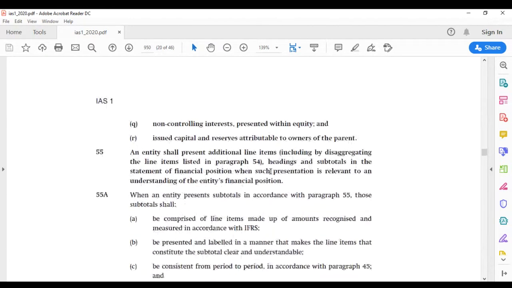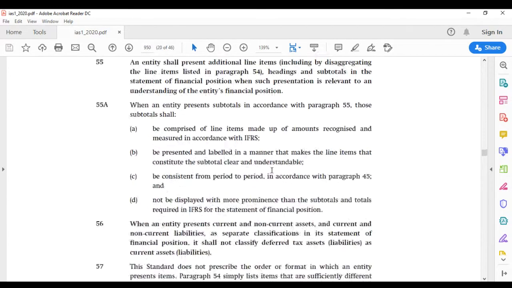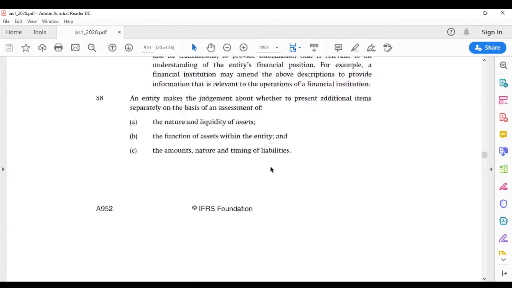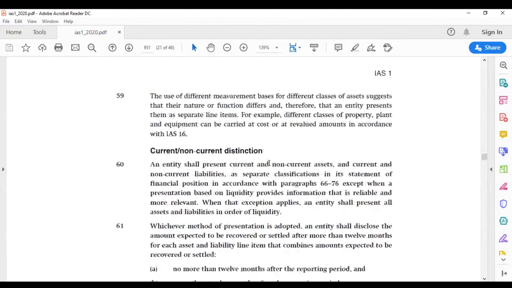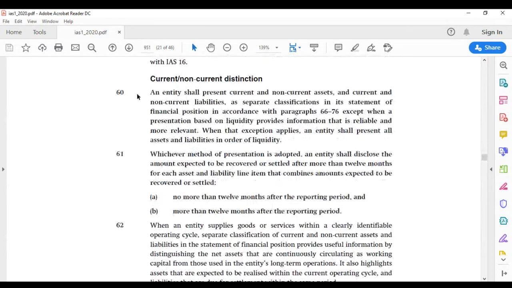Okay, then what we need to know, ladies and gentlemen, is the distinction between current and non-current. We find that in paragraph number 60. So there's got to be a distinction between current assets and current liabilities and non-current assets and non-current liabilities.